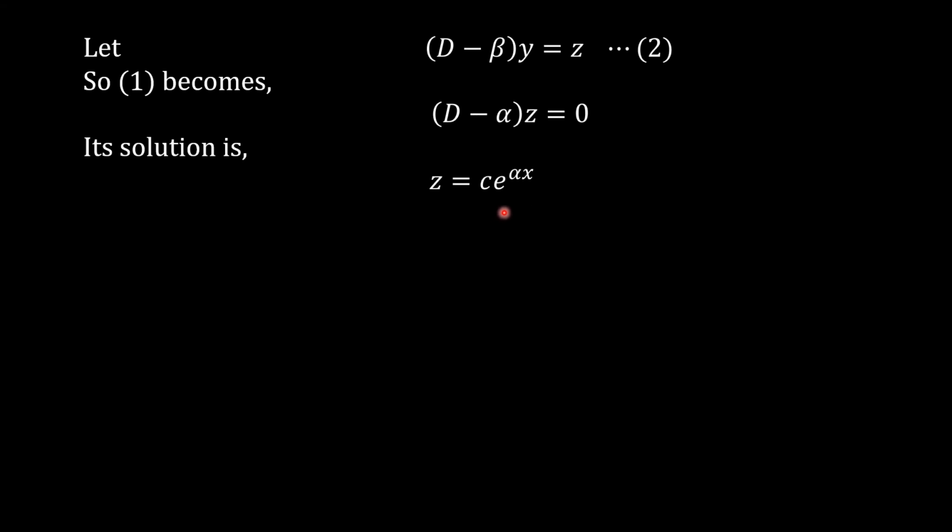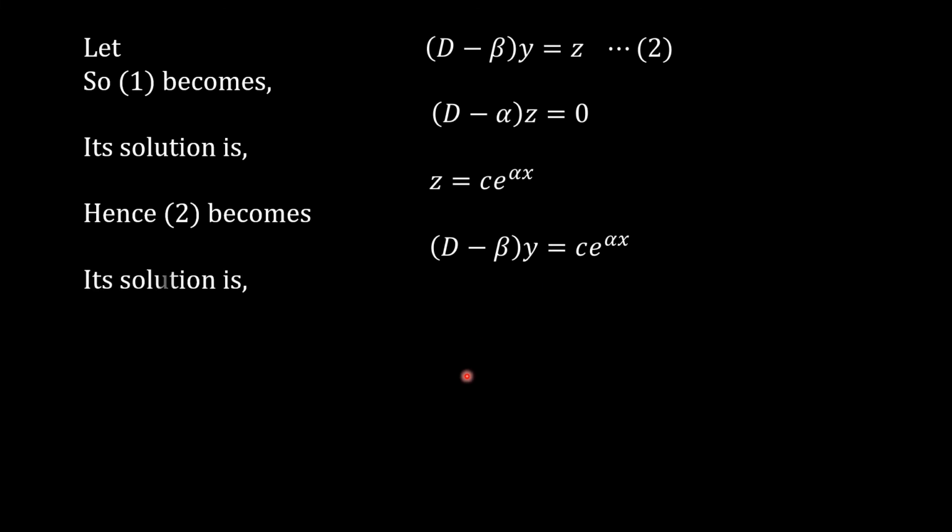Now replace this value of z in 2. It becomes (D minus beta) of y equal to c into e raised to alpha x. This is now a linear differential equation in y. Solve it. Its solution will be y equal to c1 e raised to alpha x plus c2 e raised to beta x.